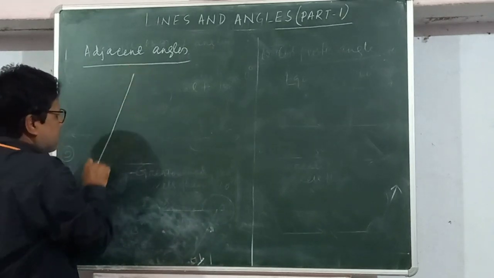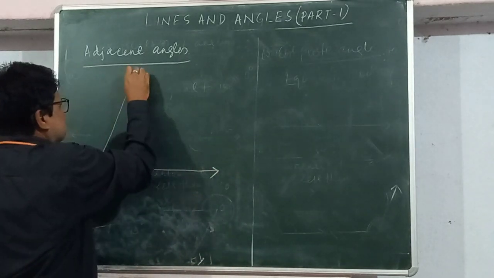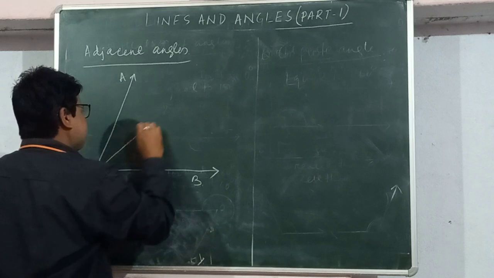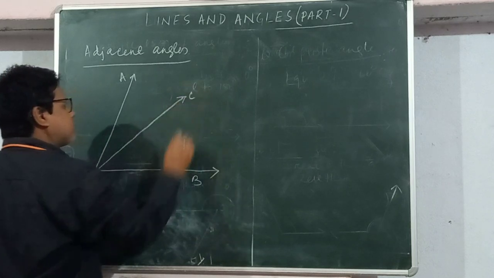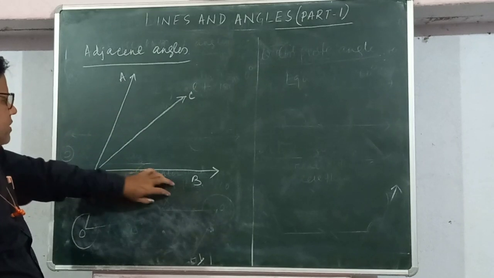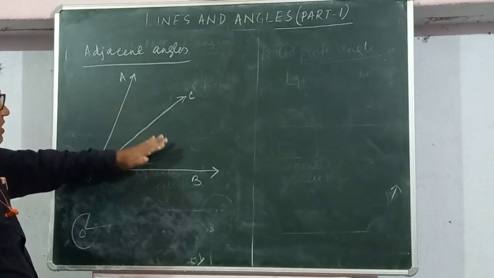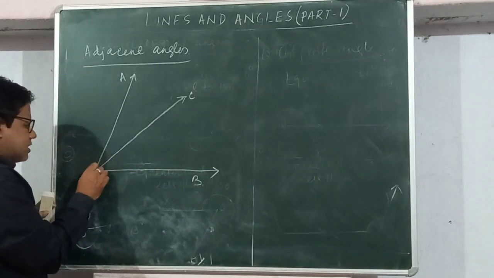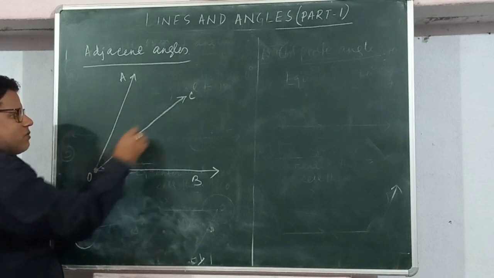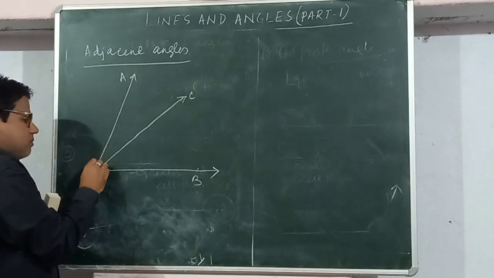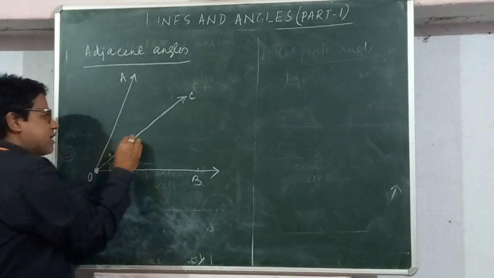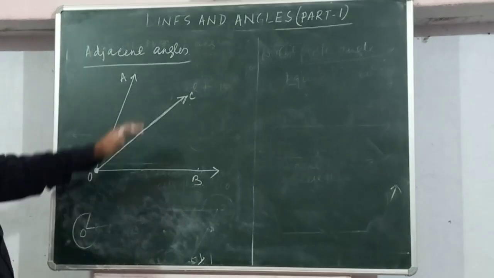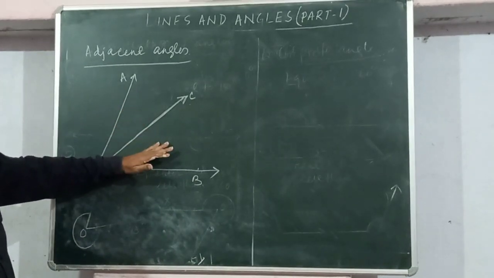In this figure, A, O, B, and if OC is another ray, then the angle AOB is divided into 2 angles, AOC and BOC. For both angles AOC and BOC, the common vertex is O, and they have a common arm, OC. So these 2 angles are called a pair of adjacent angles.